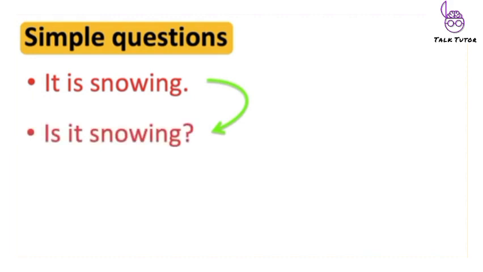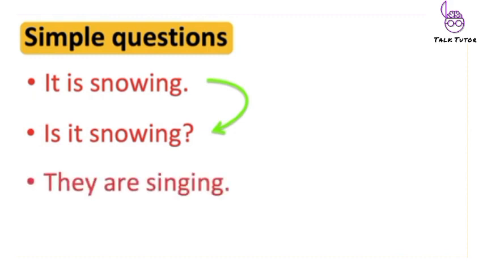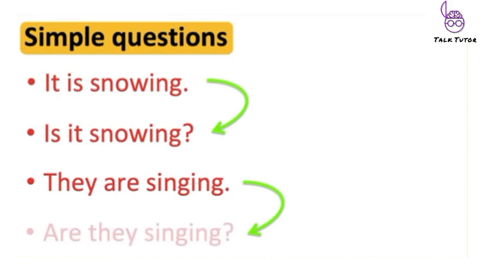The verb comes at the beginning of the question. Another example is, they are singing. The subject is they, and the verb is are. So we can rearrange these components to form a question. Are they singing? Again, the verb comes at the beginning of the question.